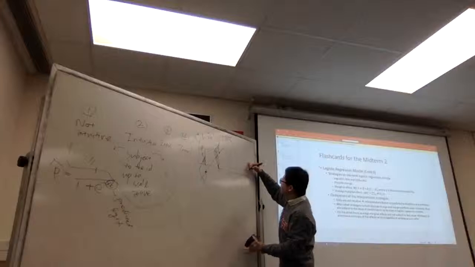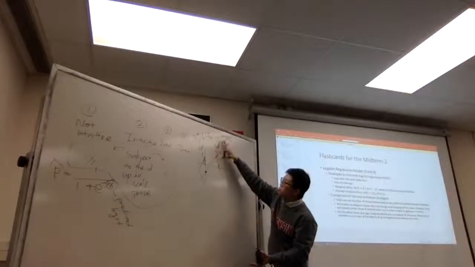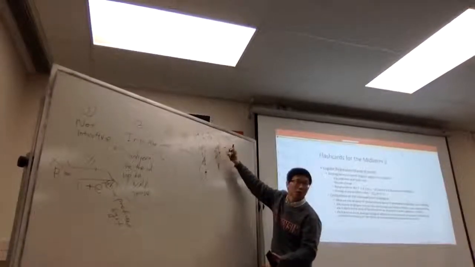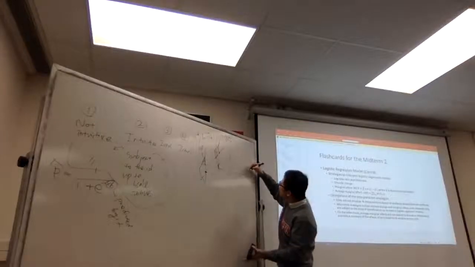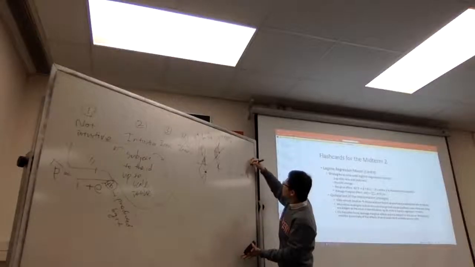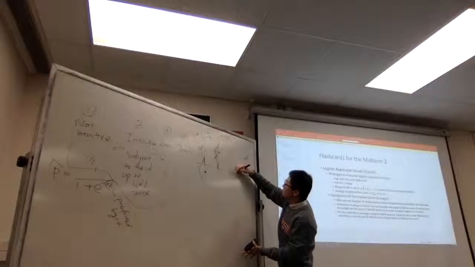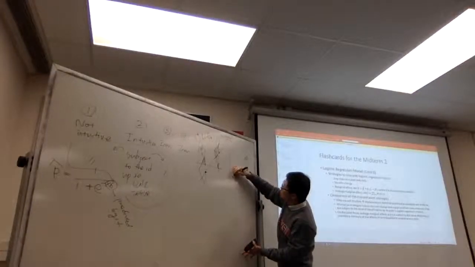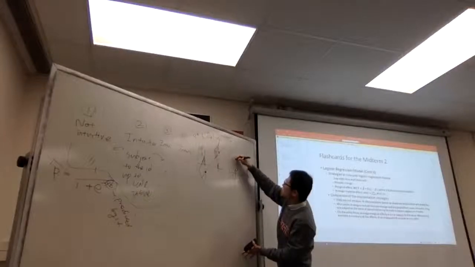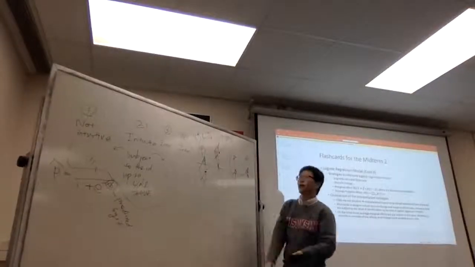But then the scale of the distribution also decreases by half. This becomes 98%. This becomes 20% again.